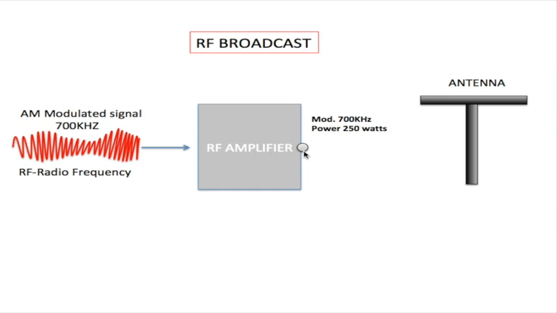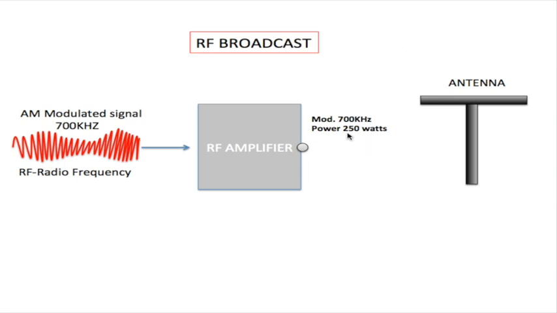At the output of this amplifier, we will get an amplified signal of 250 watts. It will be the same AM modulated signal of 700 kilohertz at the output. So everything will be the same except the signal is now amplified to 250 watts, suitable to send to an antenna and broadcast out.